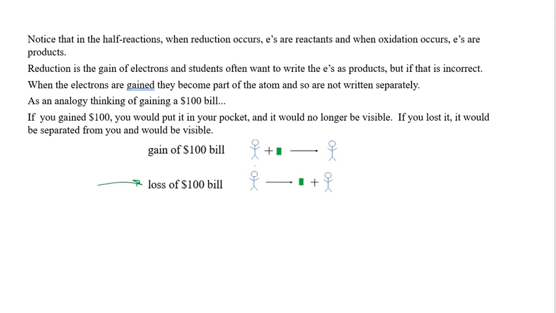You would have some dude separated from money, having it now tucked in his pocket. All right. Well, she can have $100 in her pocket. When she loses it, she's separated from it. Okay, so a loss is a separation. A gain is bringing them together. You're not going to see the electrons once it's gained because it's tucked inside the electron cloud, much like that $100 bill tucked inside your pocket.